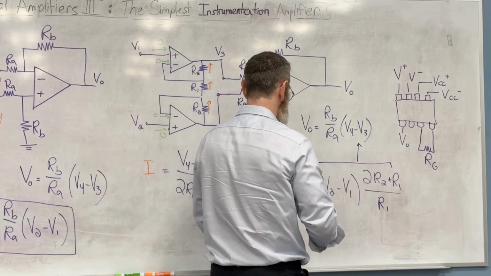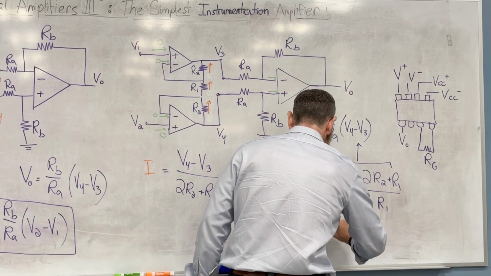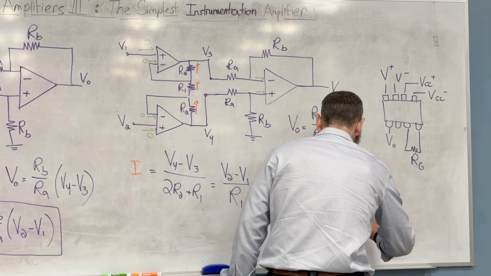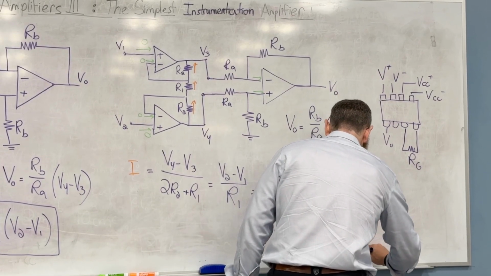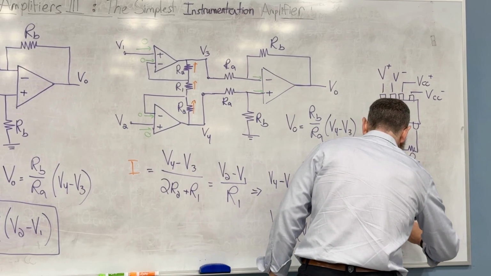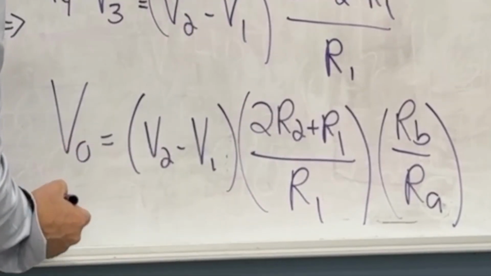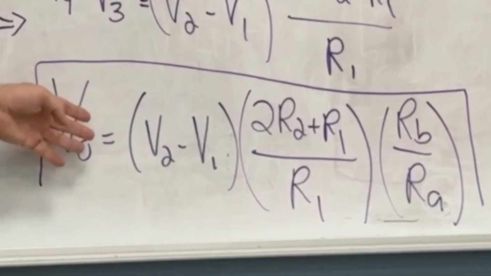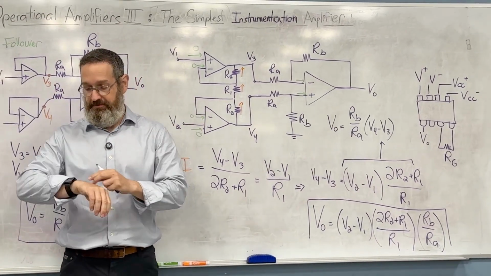And so therefore, I'm going to say that V out is equal to V2 minus V1 times 2R2 plus R sub 1 over R sub 1, that's the first term, times R sub B over R sub A. Okay, and this is the equation for this circuit. That's the last one for today.